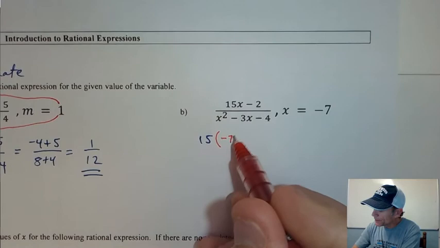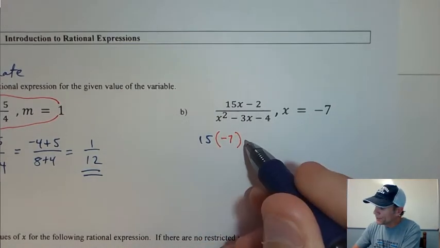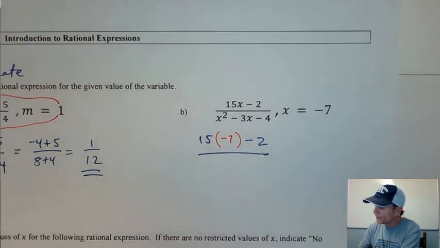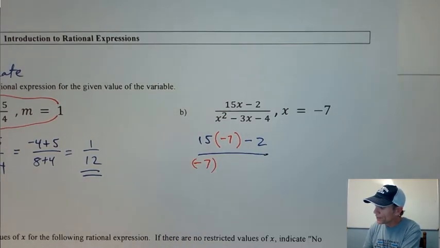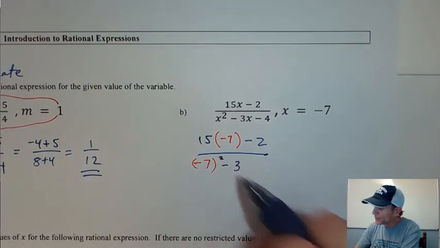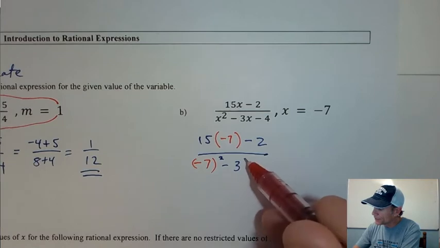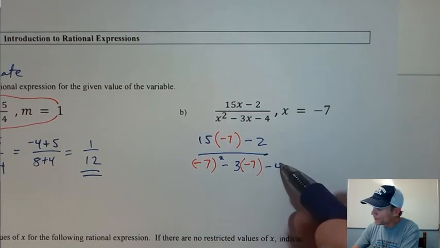I'm just going to write the input value in red this time, minus 2. Then I'll have -7 squared minus 3 times -7. So we're putting that negative 7 in wherever we see our variable. And then minus 4.